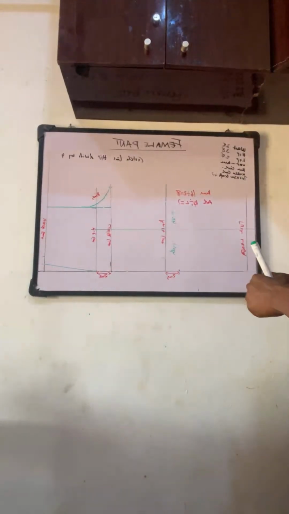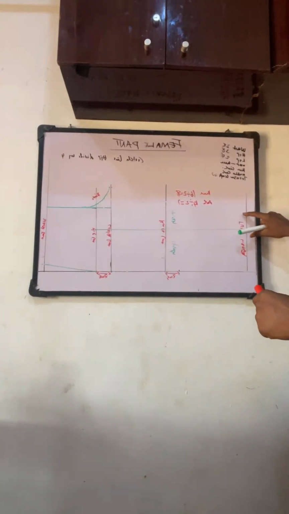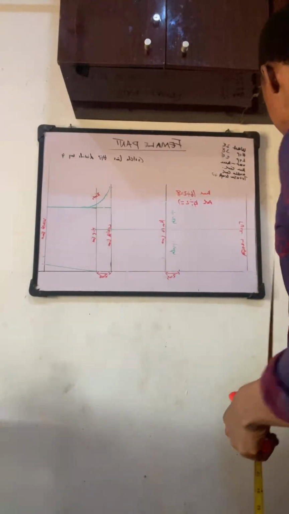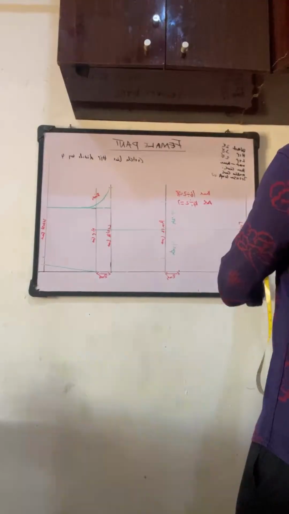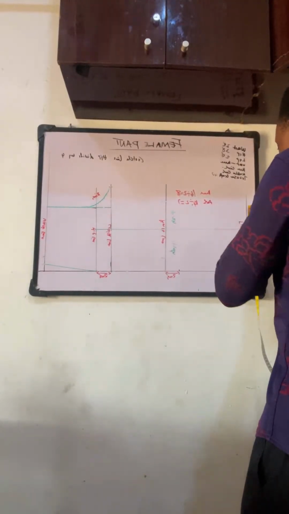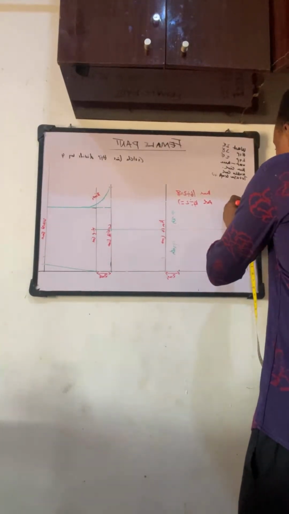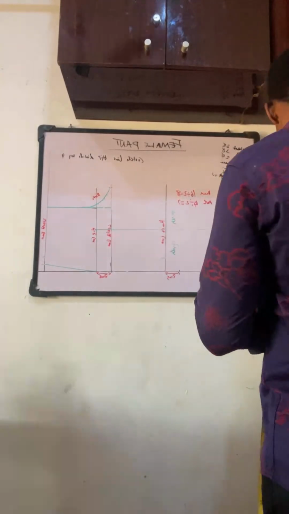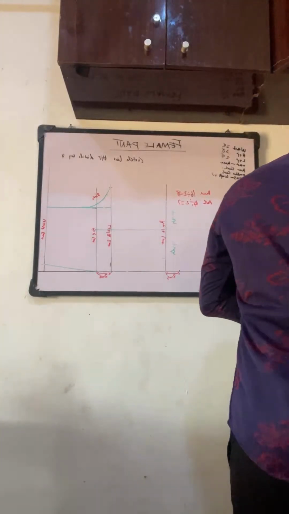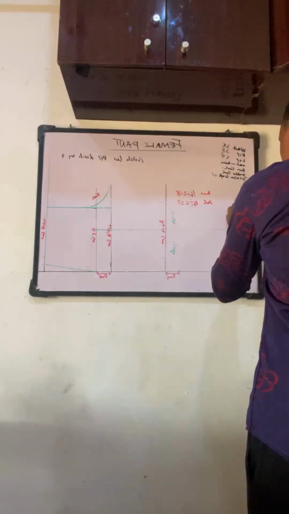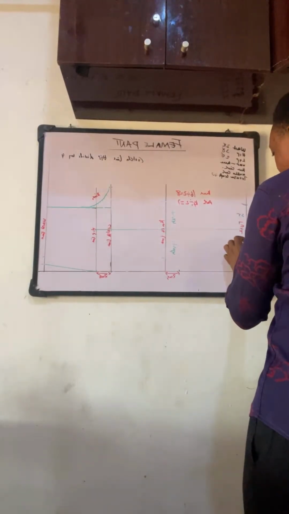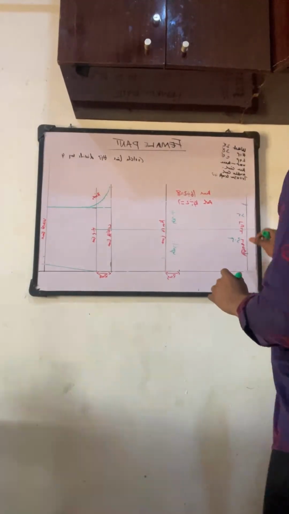You are going to divide that 7 here, so that we have 3.5 here and 3.5 here, making this your center point. So this place will be 3.5, and this place will be 3.5 for each of them.